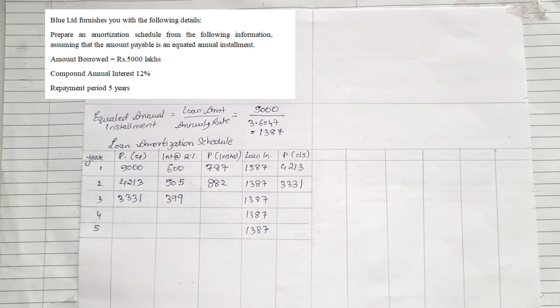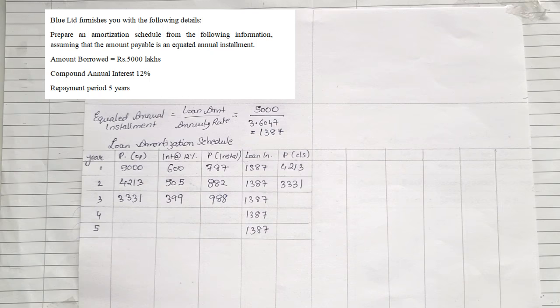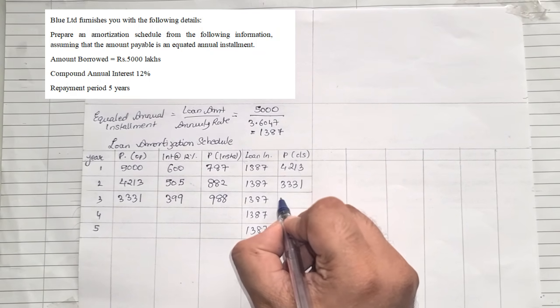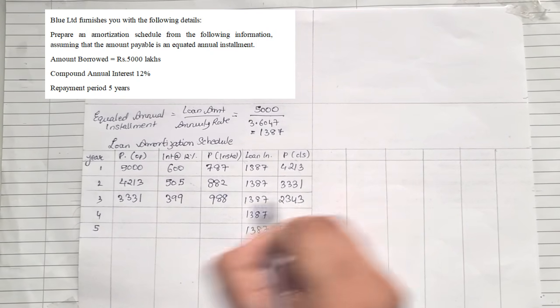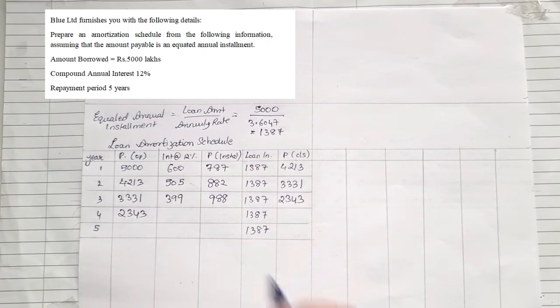Now 1387 minus 399 will give you the value of 988. 3331 minus this will give you the closing value of 2343. Last year's closing will become this year's opening 2343. On that I will take 12% interest, so I'll get it as 281.